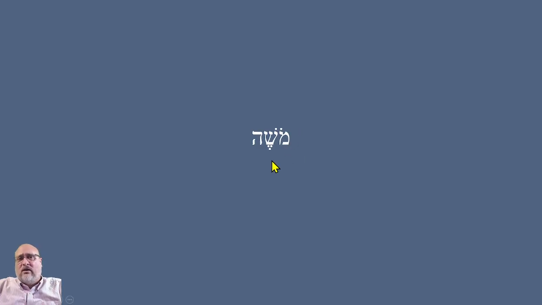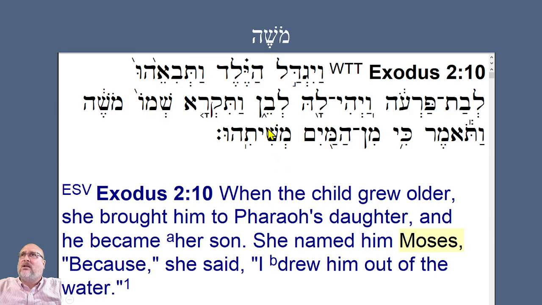Moshe, probably don't really need a mnemonic device, but of course this is when the child grew up, and she brought him to the daughter of Pharaoh, and he was to her for a son.